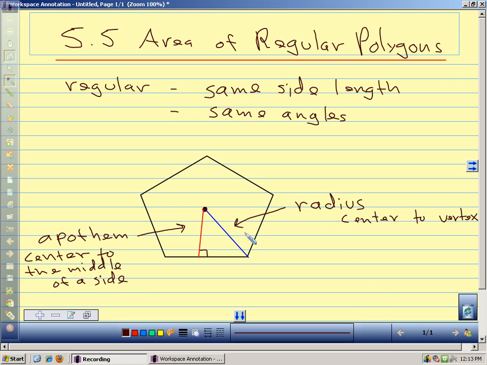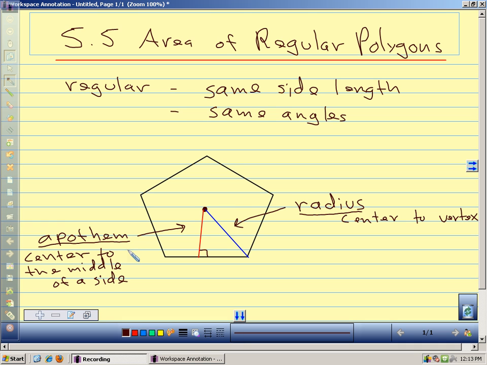And the apothem makes a 90-degree angle with the side. So we go from the center to the middle of a side at a 90-degree angle, and that's our apothem. The radius goes from a center to a vertex. It's really important not to confuse those two, because if you do, your calculations will not work out the right way.